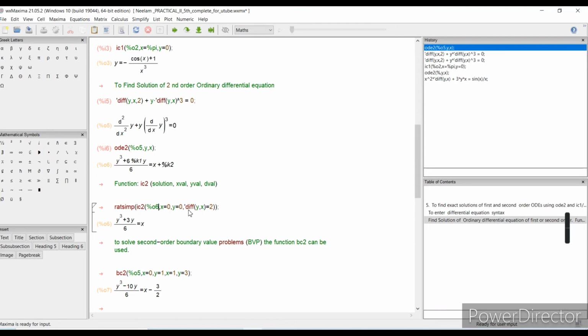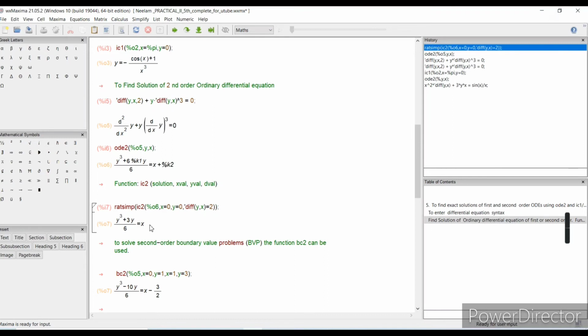The second initial condition is that the derivative of y at 0 is 2, so the value of x is the same. Just write dy by dx and assign the value 2. When I assign it, you can verify that the constant k1 is obtained as 3 and k2 is obtained as 0.